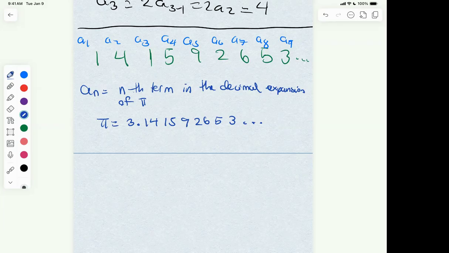I'm just saying something like that does define a sequence. It's just that in this particular case, you're not going to find an actual formula for the nth term. In a sense, that's what it means for pi to be irrational. The decimal expansion doesn't repeat itself. A rational number has a decimal expansion that repeats itself, an irrational one does not.